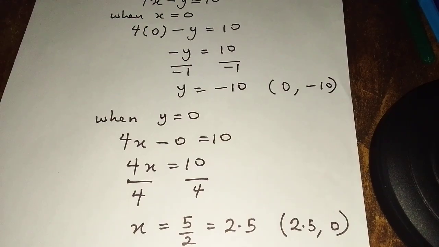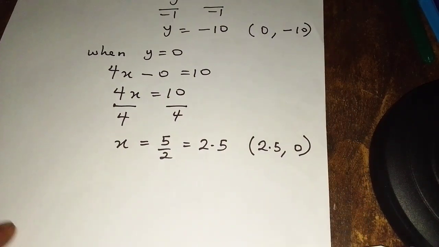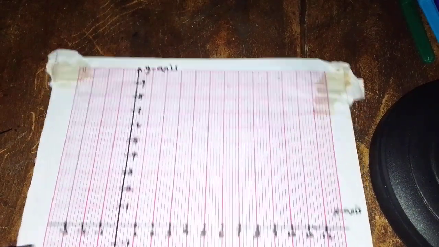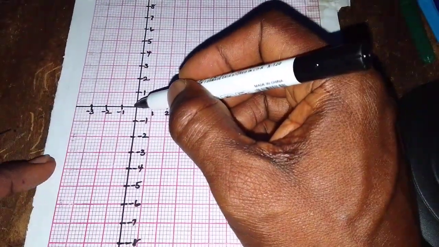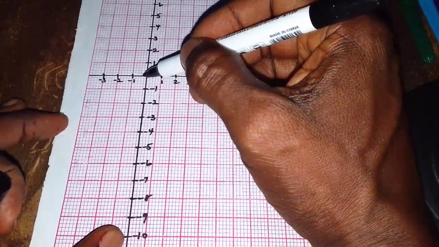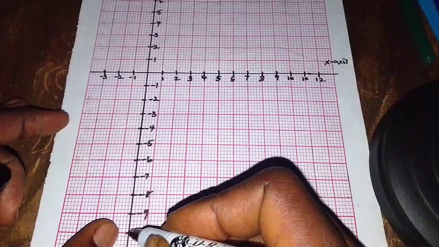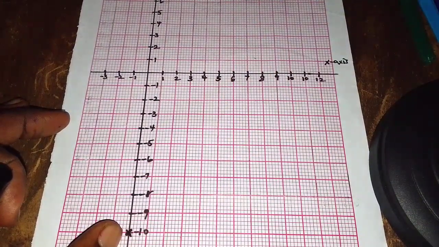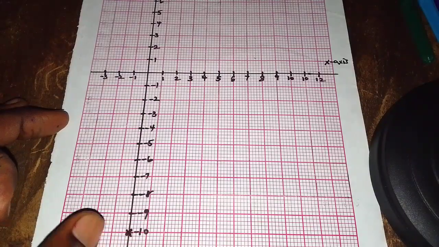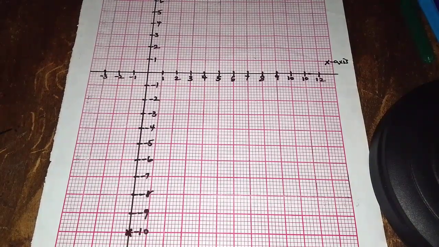So you pick your graph and plot it. The first coordinates: when x is 0, y is minus 10. X is 0 on this point, y is minus 10 here. So we are going to plot. On this graph, I use 1 centimeter to represent 1 unit on both axes.